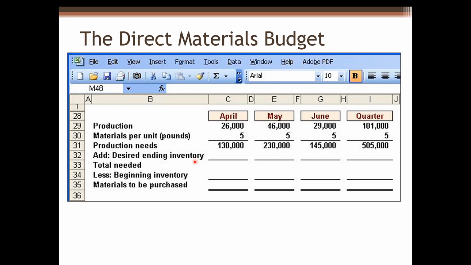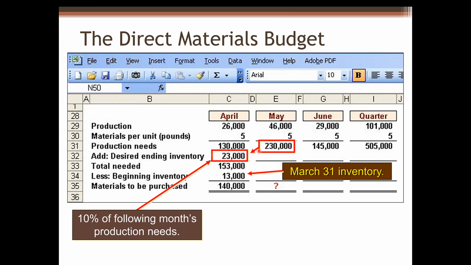Then we can calculate the desired ending inventory. Desired ending inventory of material should be 10% of the following month's production. So for April, we calculate 10% of May's production needs: 10% multiplied by 230,000 gives 23,000. This is the desired ending inventory of materials for April.